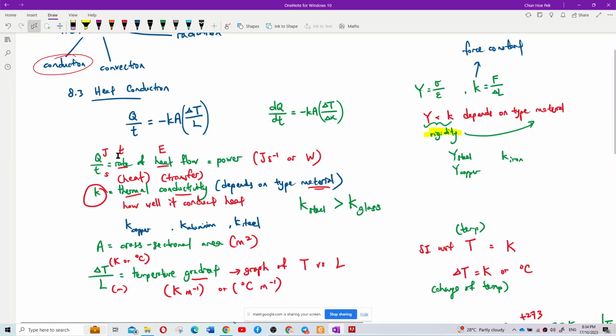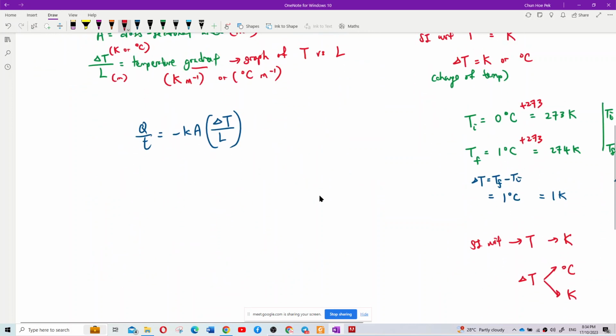So energy over time is joule per second, which is watt. So rate of heat flow is watt. Area is meter square, and temperature gradient is Kelvin per meter.